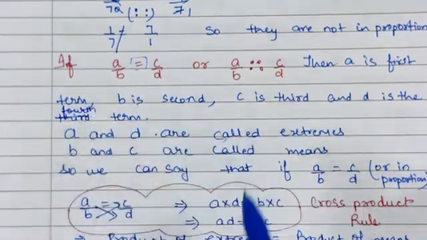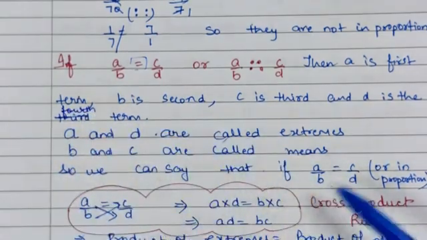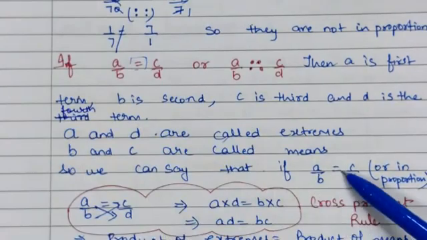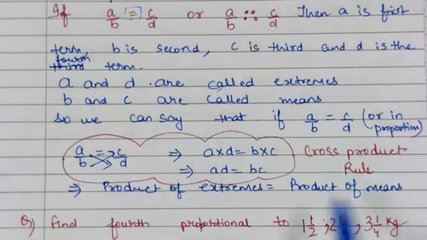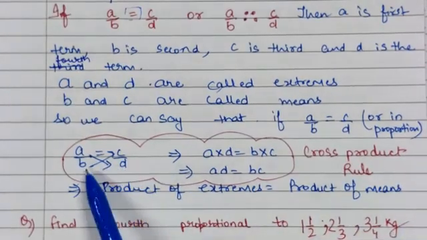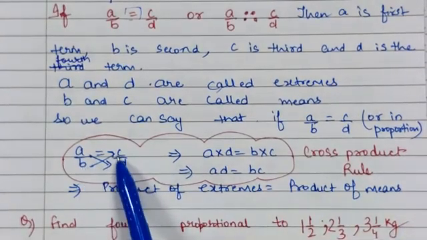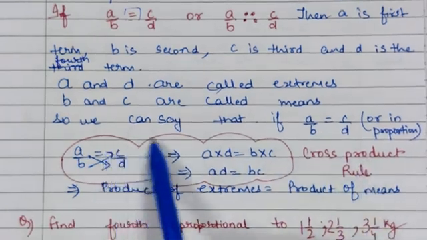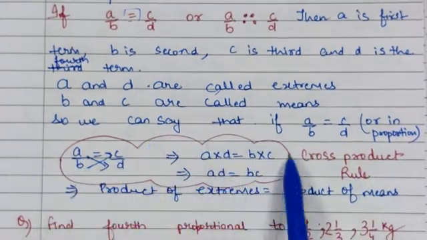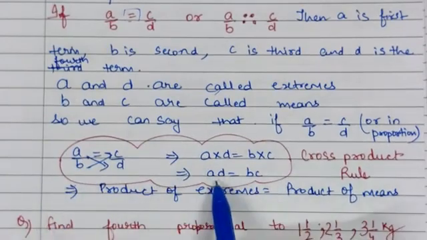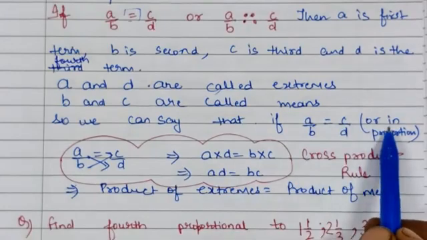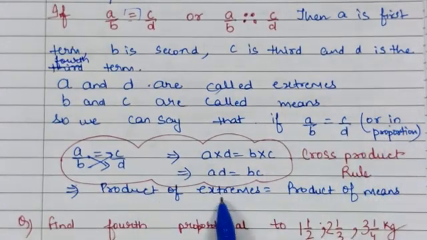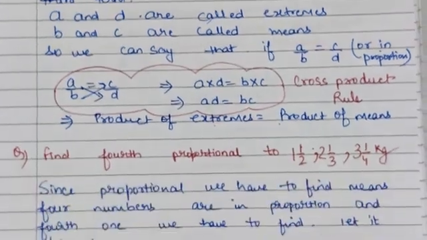So now we can say that if A upon B is equal to C upon D, then do the cross multiplication. That is, A into D is equal to B into C. This is the cross product rule, very important. So it means if the two ratios are in proportion, then the product of extremes will be equal to the product of means.